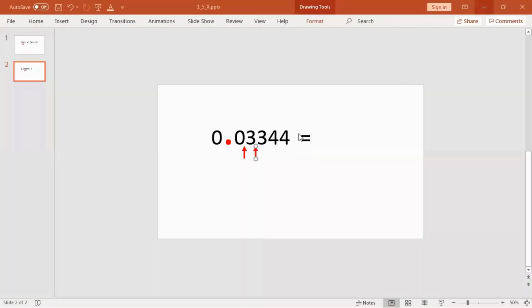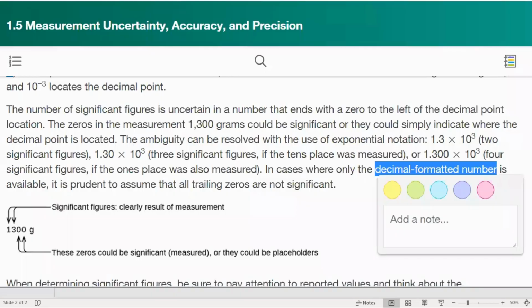So what we wish to do is to convert the original number that's not in scientific notation, and there is a term for a number that is in this format. So I had to pause the recording just so I could look this up.